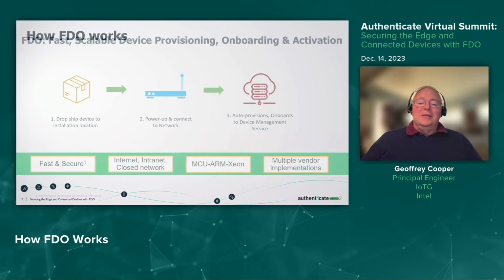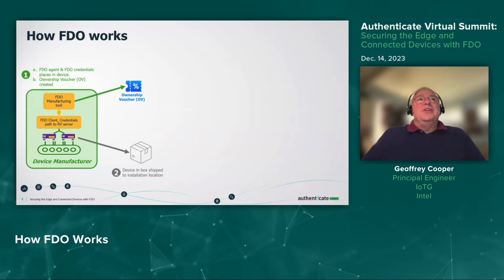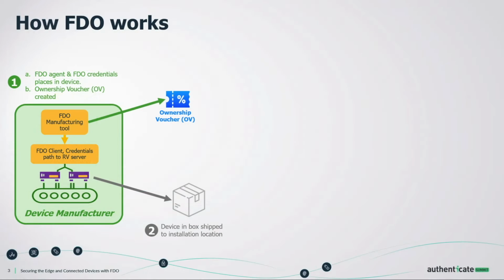So let me tell you a little bit about how it works. So we start off in a factory. And we're building a device, an IoT device, for example, or some other kind of device, and we've decided we're going to supply it with FDO. So then what we do is we have an FDO tool in manufacturing, which will put some particular credentials into the device.